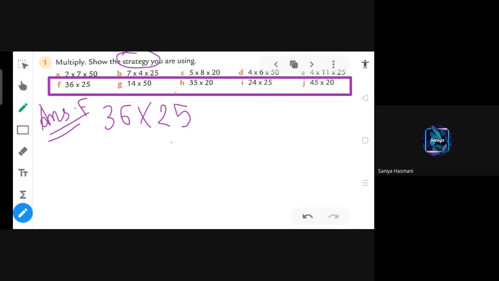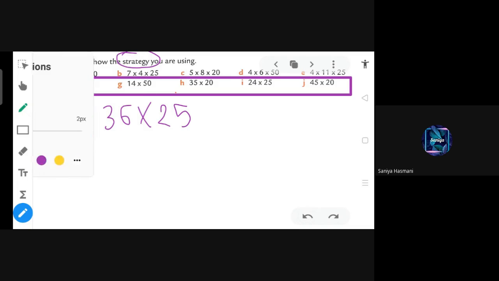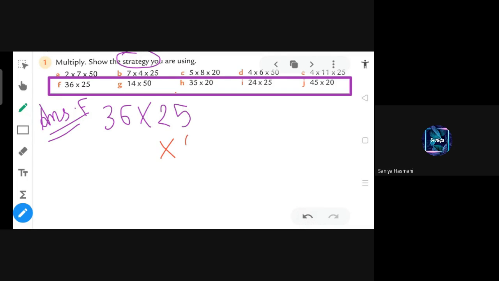Only this 25. So 25 is given, so we will write it as it is. But which other number was given in that pair? 25, how many is 100? 25 fours are 100. So that's why we will break 36.